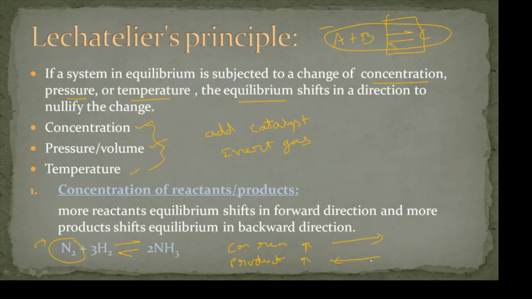To nullify the change, if the concentration increases, it has to decrease that concentration. Got it? So it shifts in the backward direction. Now, if the concentration of reactants increases, the reaction proceeds in the forward direction, whereas if the concentration of products increases, the equilibrium shifts in the backward direction.